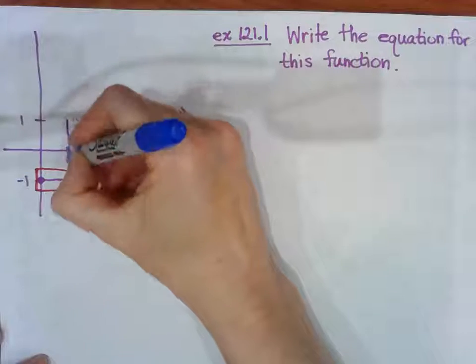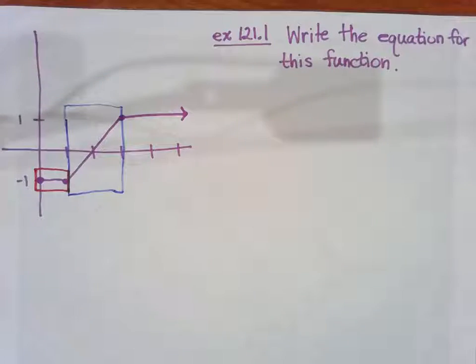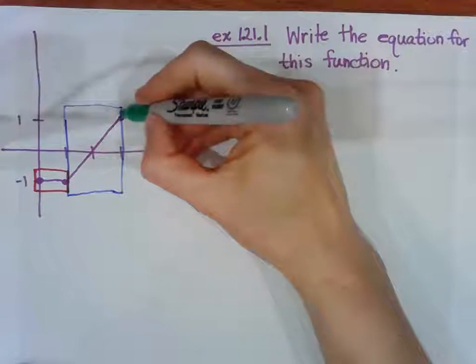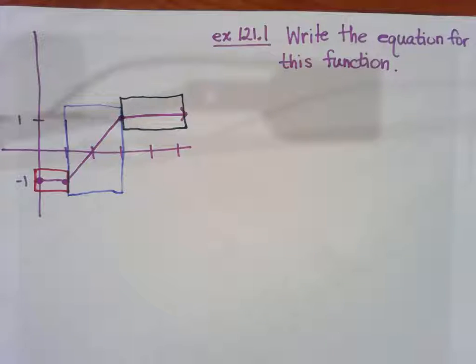This seems to be a completely different kind of graph, and then we have a third different one as well. So it seems to be in these three pieces. And this is why it's called a piecewise function, because there are different pieces that have different behaviors or come from different functions.